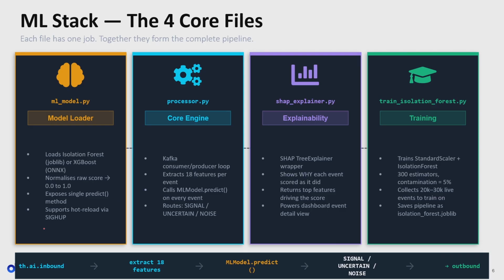Okay, there is this third component, the SHAP explainer. This is how it's called. This is part of the user interface, and when you scroll down, the user interface has one additional dashboard, which provides additional context on why this event has been, for example, classified as noise or as signal. This is handled by the SHAP explainer.